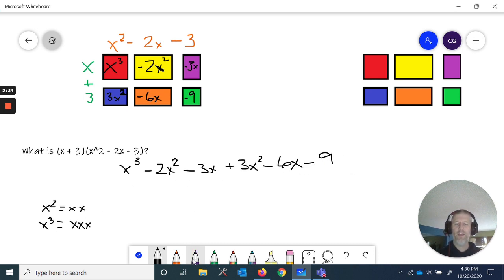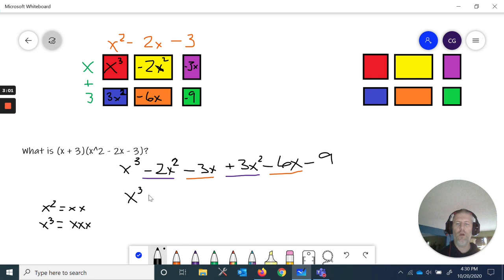So I'm going to combine my like terms. I'm noticing that I've got this and this, underlining in purple. And then in orange, I'm going to underline this and that because they're both x to the first power. And then I've only got one x cubed, and one constant term. So we're left with x to the third power. Negative 2x squared plus 3x squared. Add the coefficients.